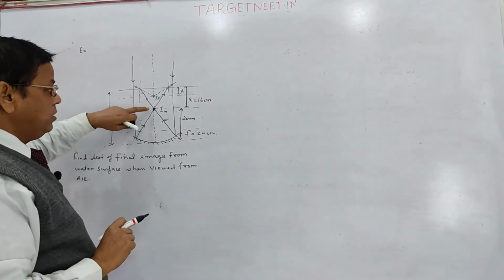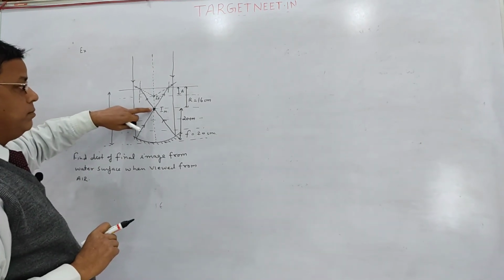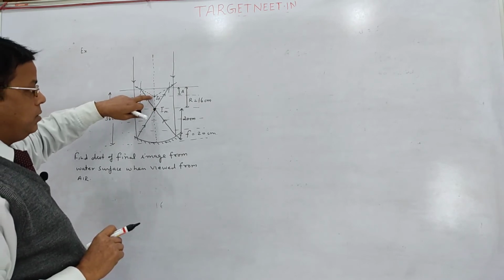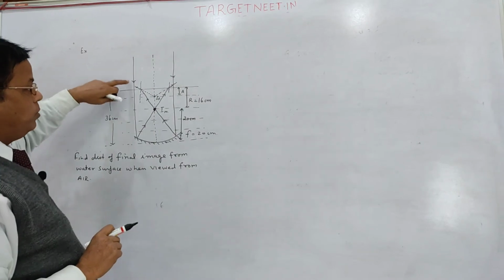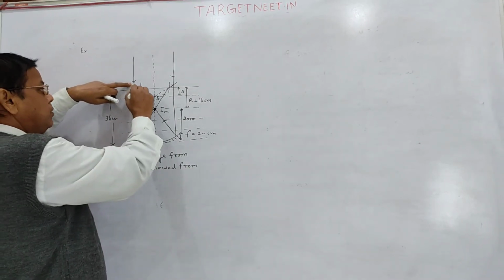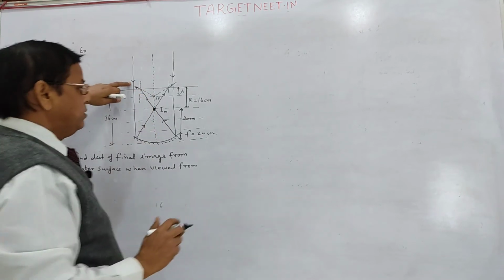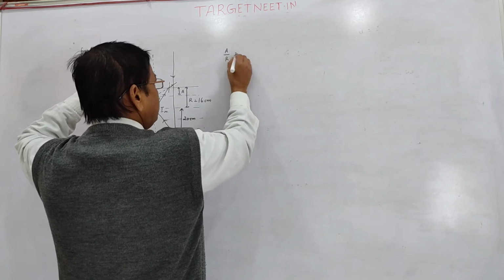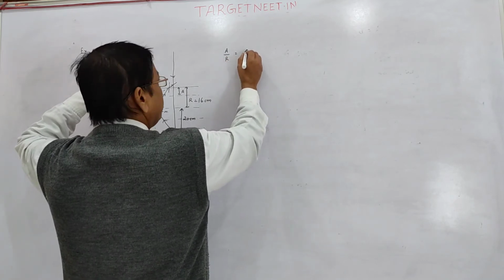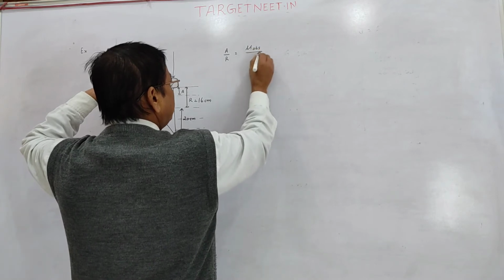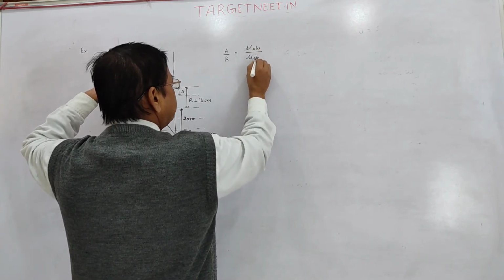And we are going to see the image of this image. So actually this image is going to be here for an observer who is looking at this ray from outside. So apparent height upon real height is equal to the refractive index of the observer's medium upon the refractive index of the object.